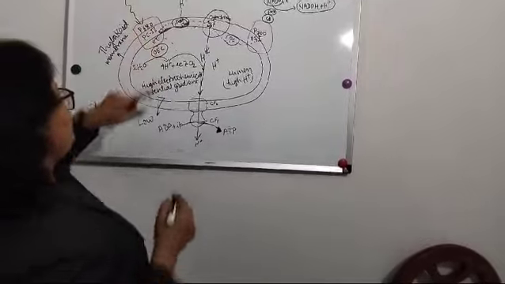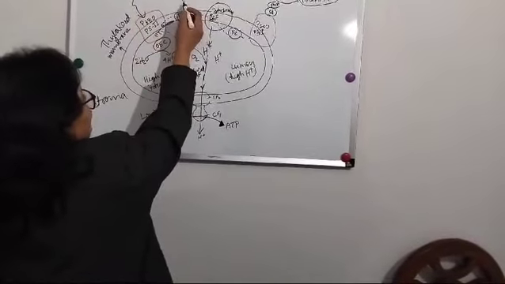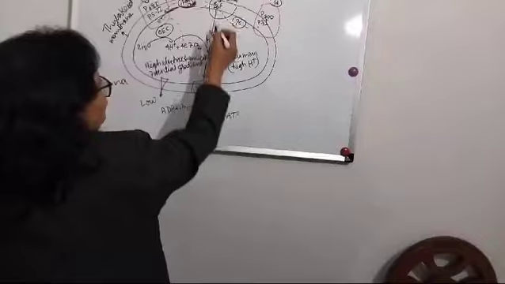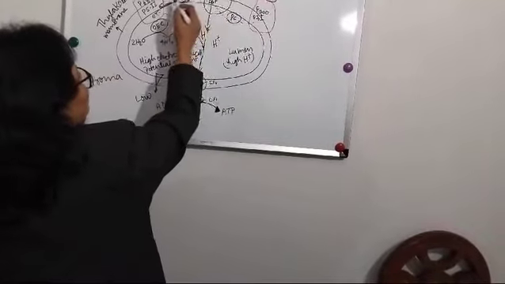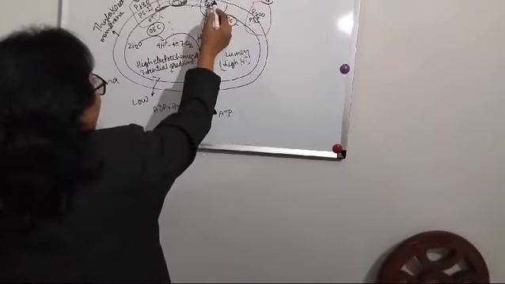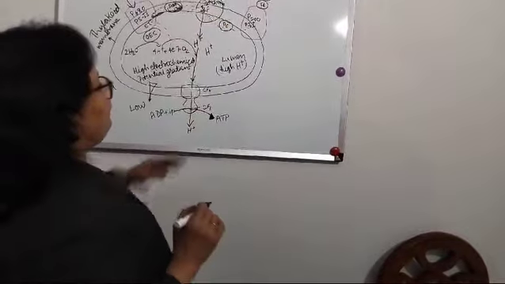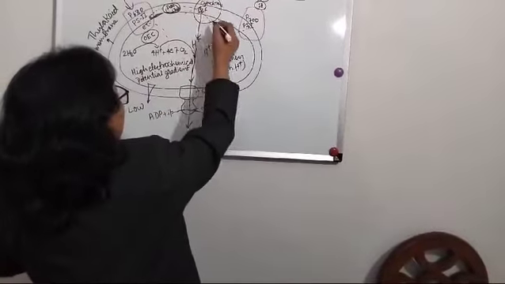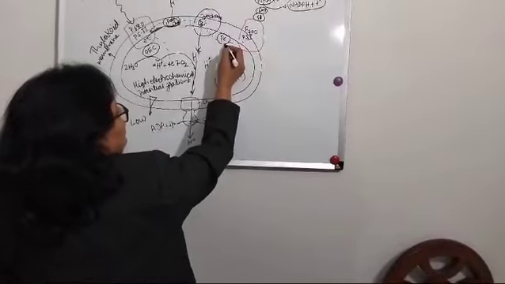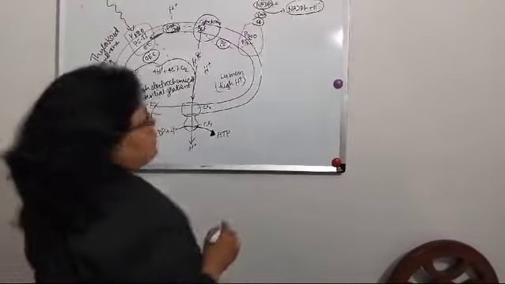From the stroma, it will pump the proton to the lumen and the electron passes to the cytochrome B6 F complex. From cytochrome B6, the electron passes to the plastocyanin and then to PS1.